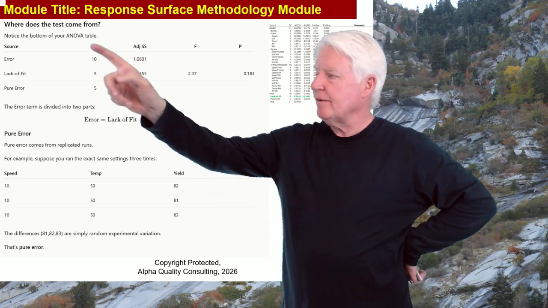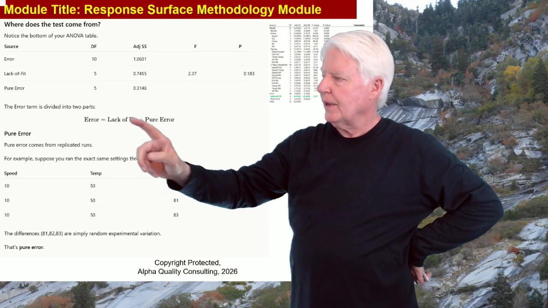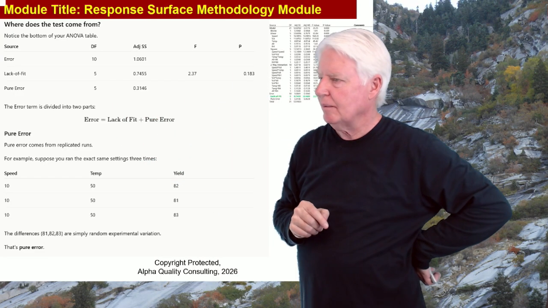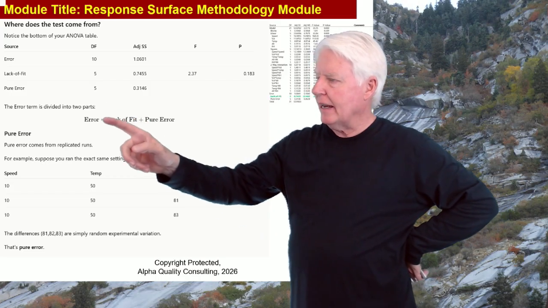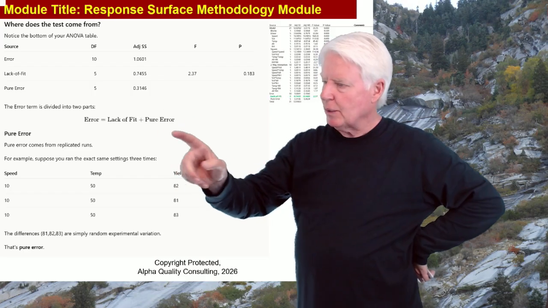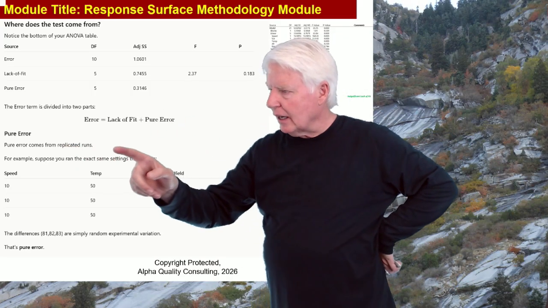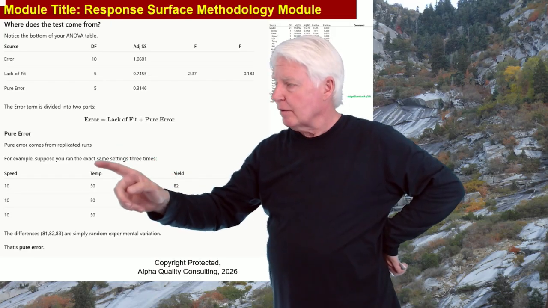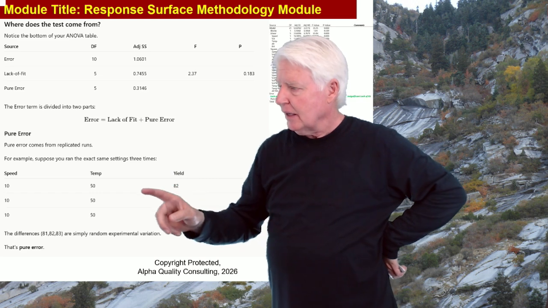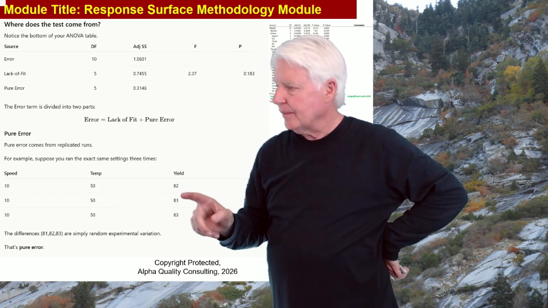Where does this test come from? Notice the bottom of your ANOVA table. Right here, this is where it's coming from. In an ANOVA table, the error term is divided into two parts. Error equals lack of fit and pure error. Remember what pure error is. Pure error comes from replicated runs. For example, suppose you ran the exact same settings 3 times. Speed and temperature the same, yield was 82.